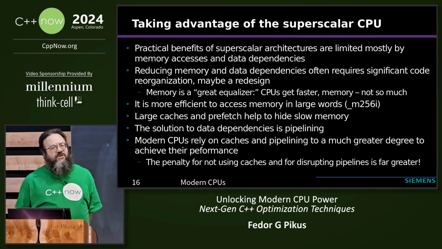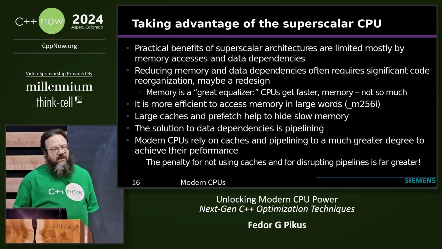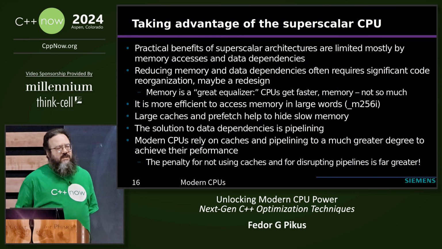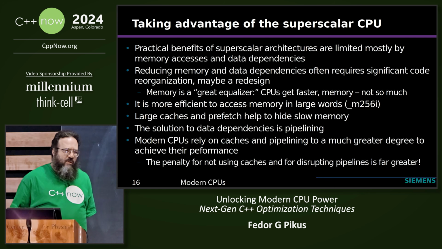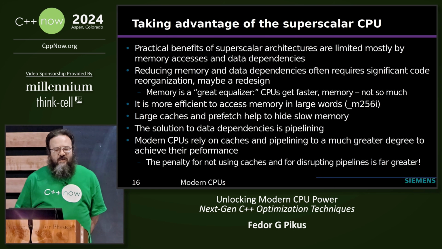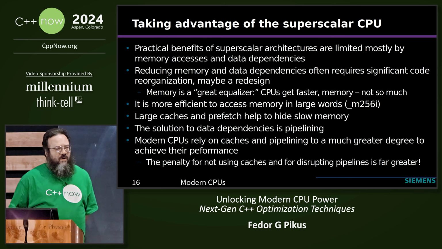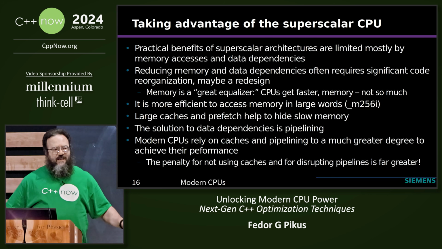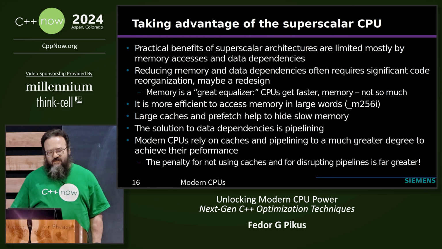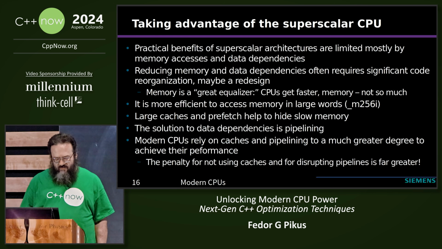Well, there are instructions that will move individual doubles or individual ints between vector registers and general purpose registers. And memory is slow, registers are fast. So reading in a big word and scattering it in registers usually pays off.